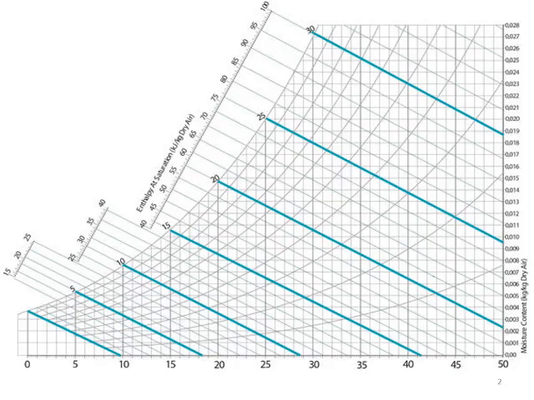Now, before we proceed to read property values using this psychrometric chart, let us understand this psychrometric chart first. Let us see what are the various properties of air that can be obtained by reading this chart.